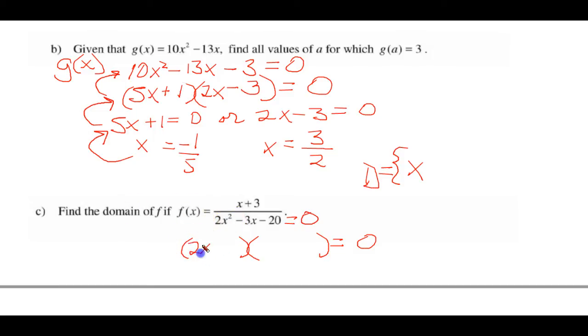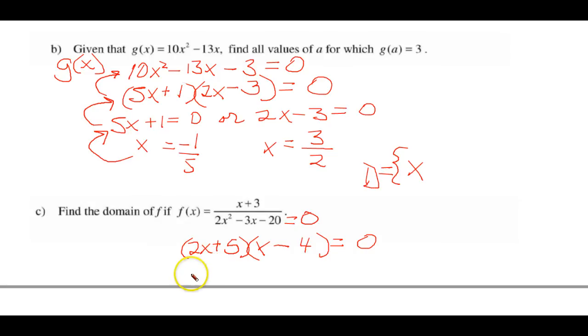So 2x, x, and we want a five here and a 4 there, I believe. Yeah, because this is 8 and this is 5 and the difference is 3. So this would be a negative 8 and a positive 5.